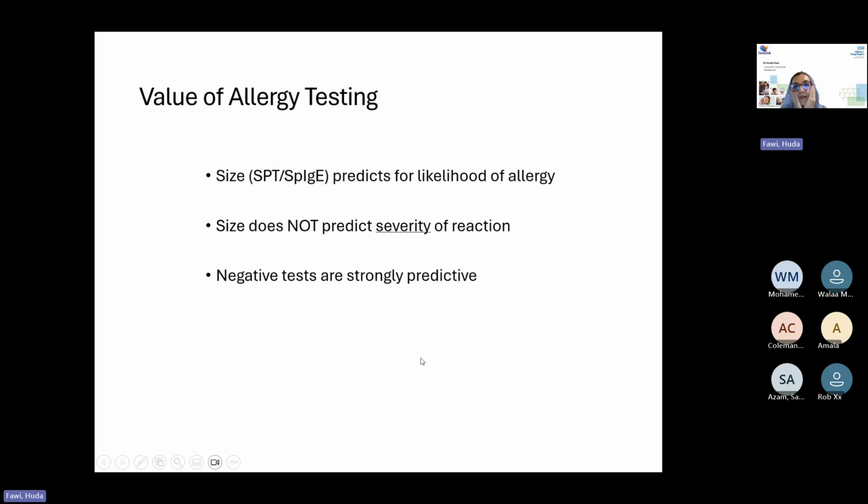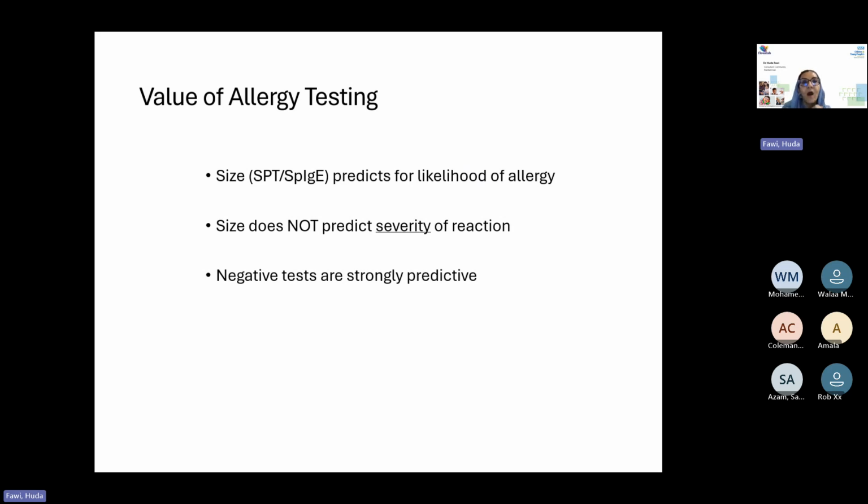It's important in allergy testing to be aware that either skin prick testing or specific IgE predicts the likelihood of allergy. It does not predict the severity of a reaction, but a negative test is strongly predictive.